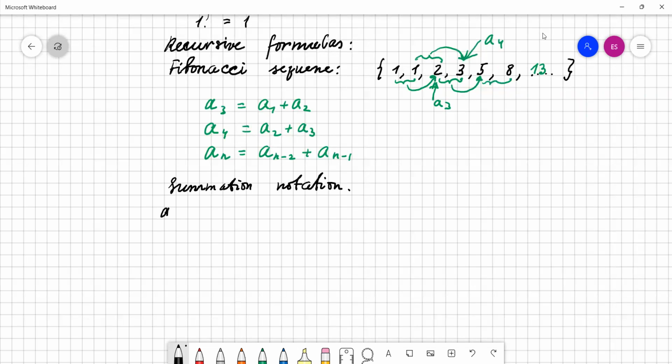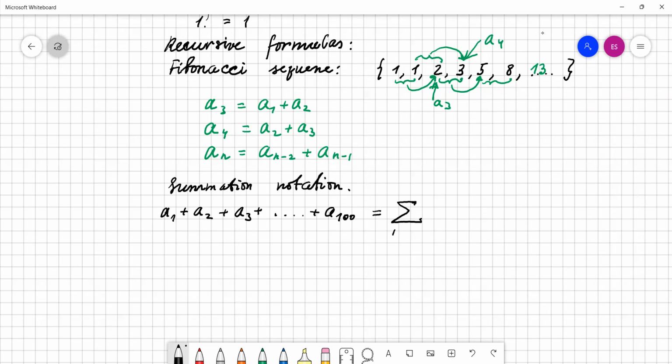Imagine that you have a sum of 100 terms of a sequence: A1 plus A2 plus A3 plus ... plus A100. Of course, it's going to be too boring to write down all 100 terms. So what we can do is put the letter S. This is the Greek capital letter S, also known as sigma.